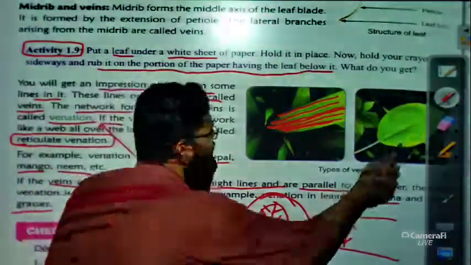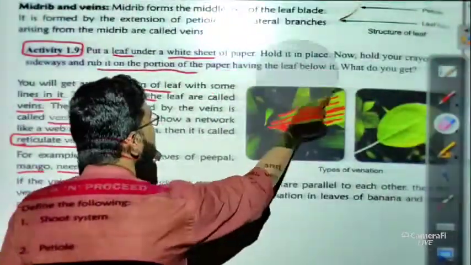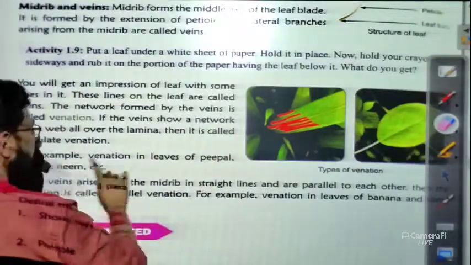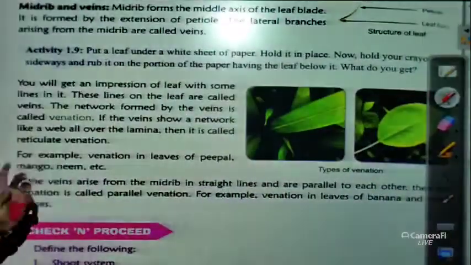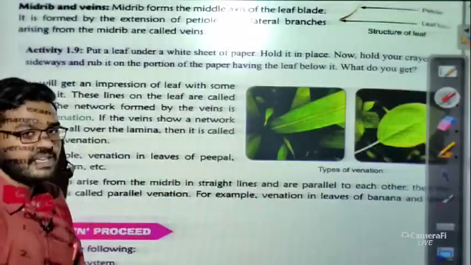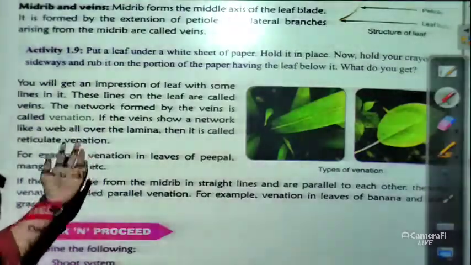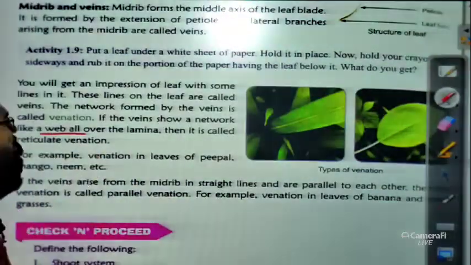So let me tell you once more, let me rub all these things and discuss once more what we mean by reticulate venation and parallel venation. Venation means basically the arrangement of veins. Reticulate venation means if the veins show a network like a web all over the lamina.